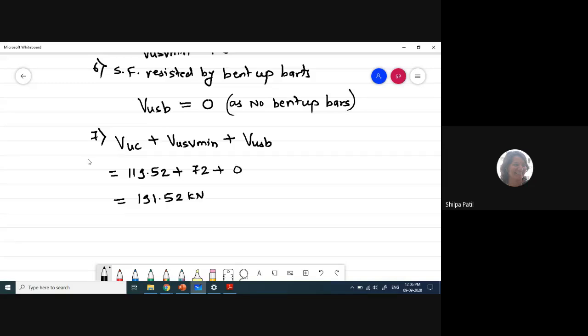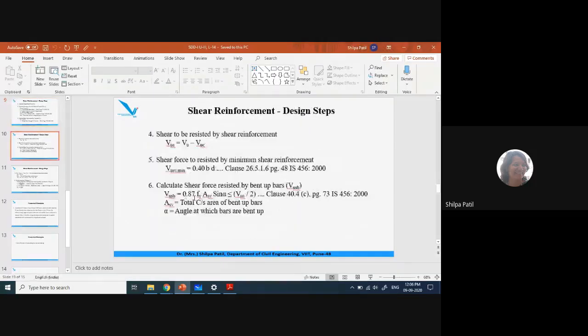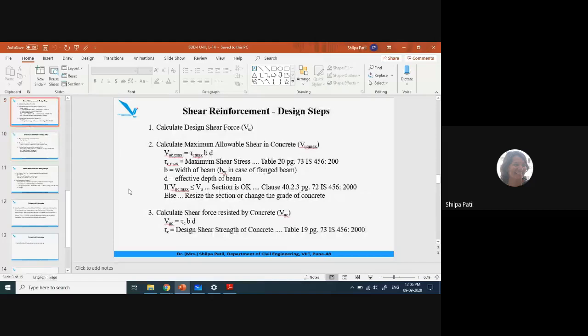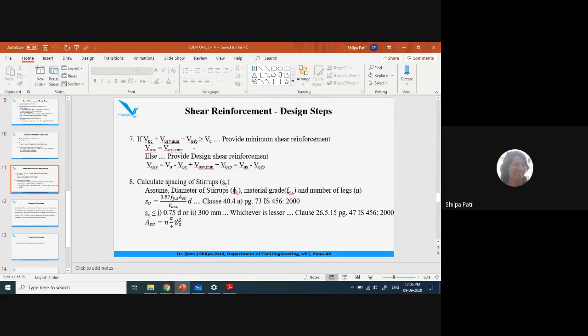Now we have to compare this value with the total shear force acting on a beam. I will go back to the design steps now. If this total shear force, where I have written, oh okay, here. This shear force, if it is coming greater than the actual shear force acting on a beam, we need not design the shear reinforcement.